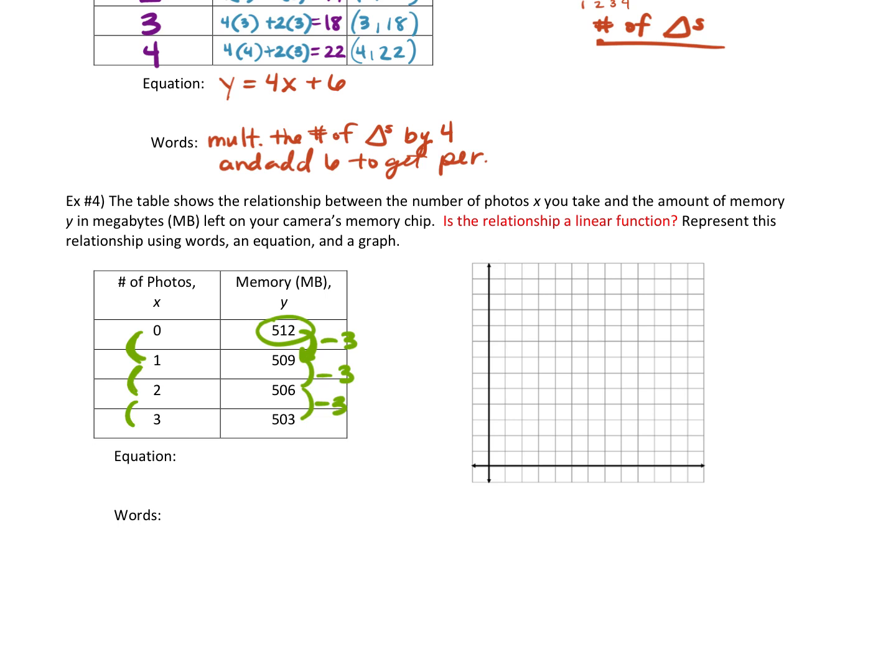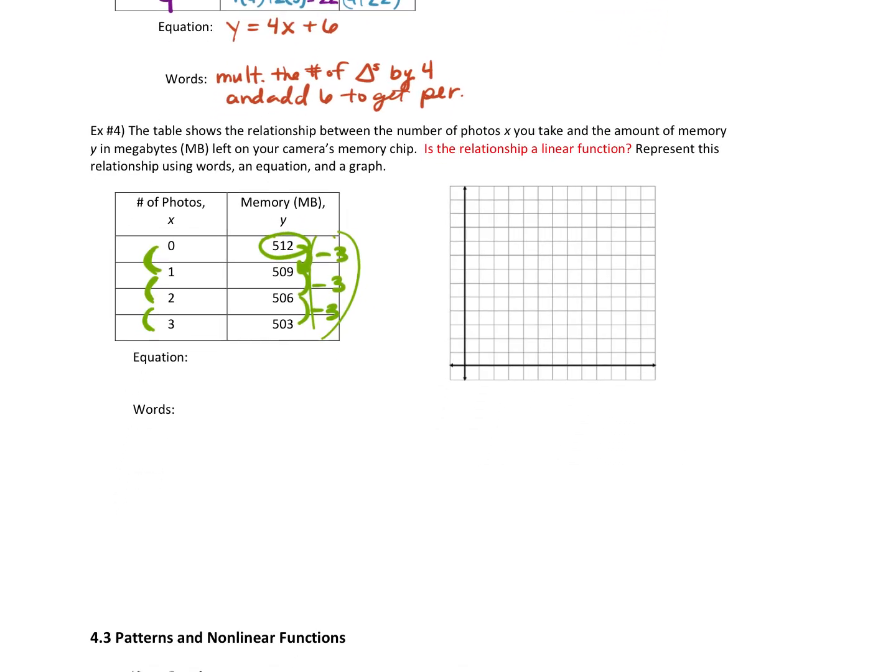When this is jumping by 1, that number is part of your equation, okay? So basically my y equals the amount I started with. When this is 0, this number will also always be in your equation. That 0, it's like a y-intercept. It's where it hits the y-axis. It shows up in your equation.